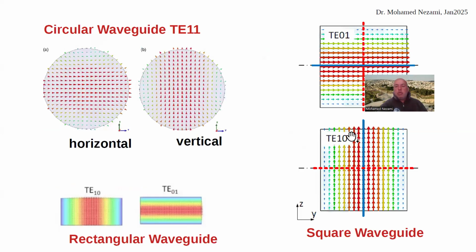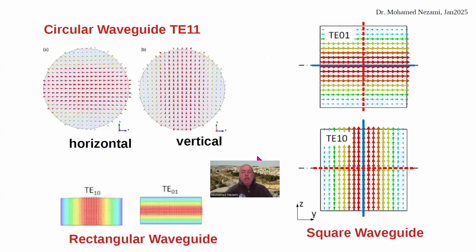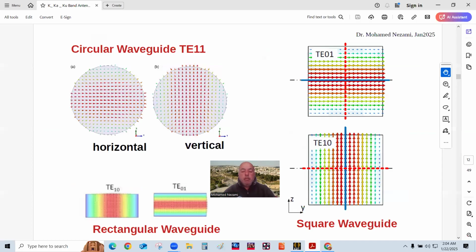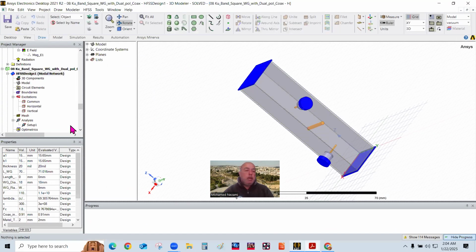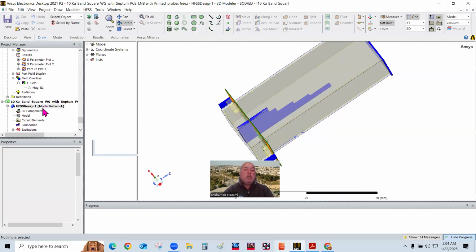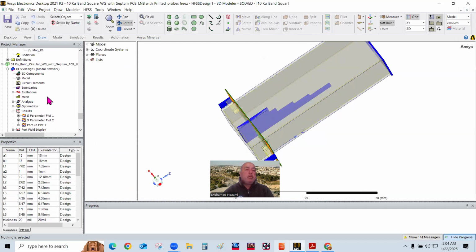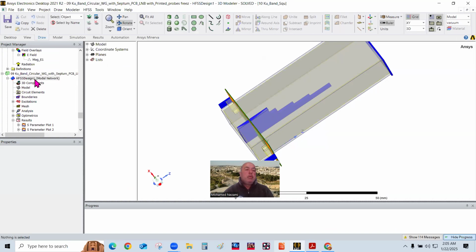Now, let's look at the assembly of the whole business, going to the circular waveguide one.